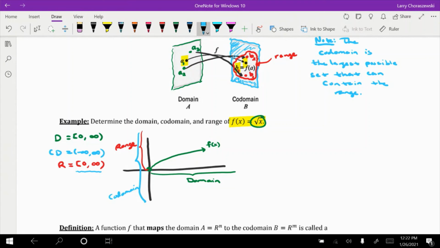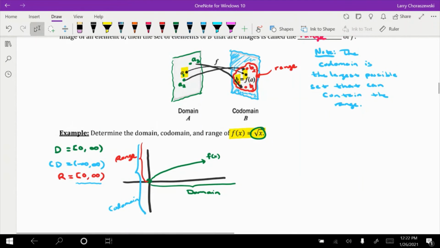So this is an instance where the range does not equal the codomain. The range is only a certain subset of the codomain, which is why in the diagram above, I tried to indicate that sometimes the function won't hit certain elements of the codomain, and that's a situation where the codomain and the range are different.